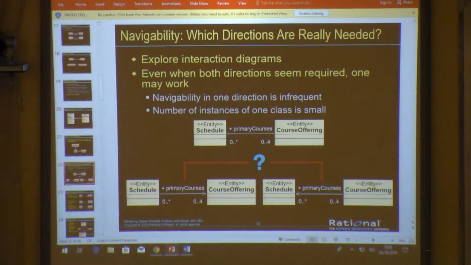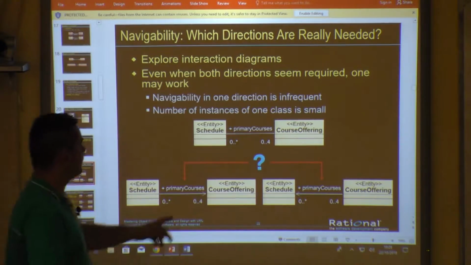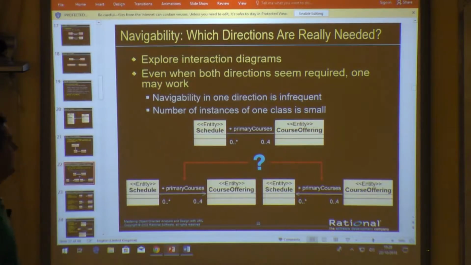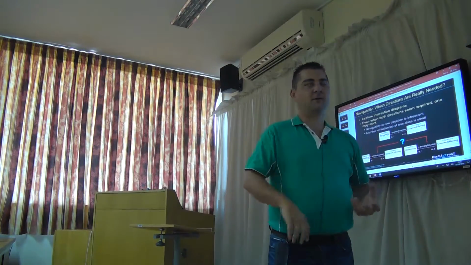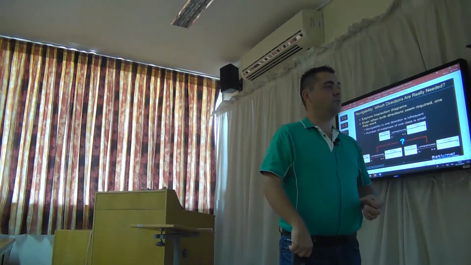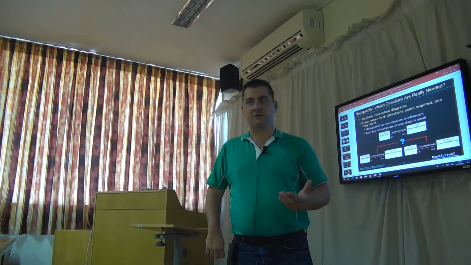So then there's also a bit of a discussion about which direction is really needed. If we're looking at the schedule to course offering relationship here, we might need to explore our interaction diagrams, your sequence diagrams, and your class diagrams also, to see which direction is more prevalent, which one is happening most.